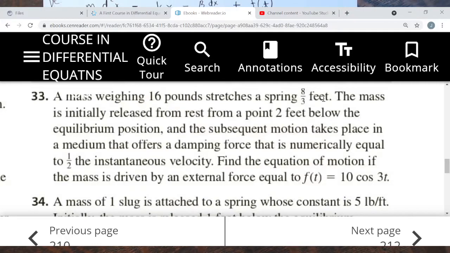And notice the stretch is in feet. The mass is initially released from rest, so the initial velocity is 0, from a point 2 feet below the equilibrium position. Now remember, below equilibrium position is a positive position.